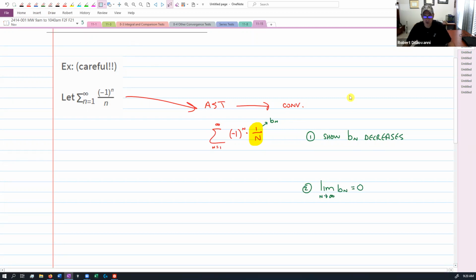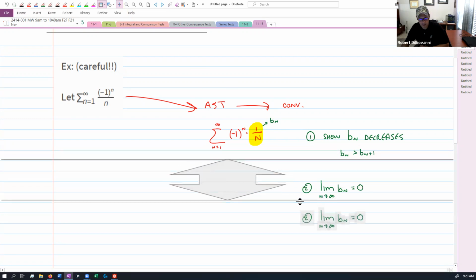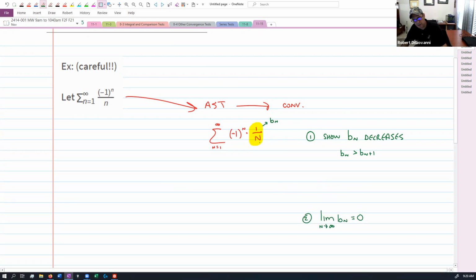All right, so to show decreasing, what that means is that b sub n is bigger than b sub n plus 1. So all I do here is plug n into that piece, right? That's just going to be 1 over n.